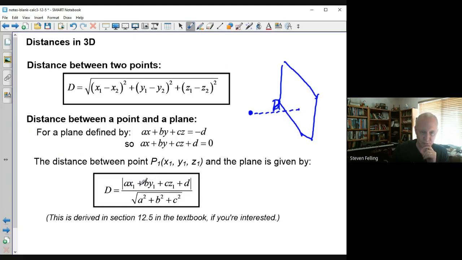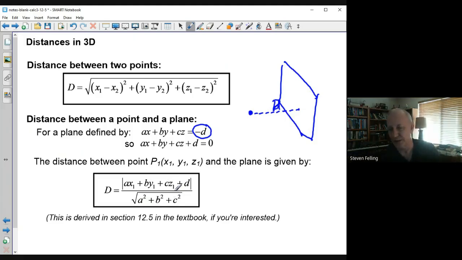It's ax1 plus by1 plus cz1 plus d over the square root of a squared plus b squared plus c squared, where the plane is defined by ax plus by plus cz equals negative d, and the point is defined by x1, y1, z1. Very rarely use this, but in case it ever came up, I just wanted to mention it.